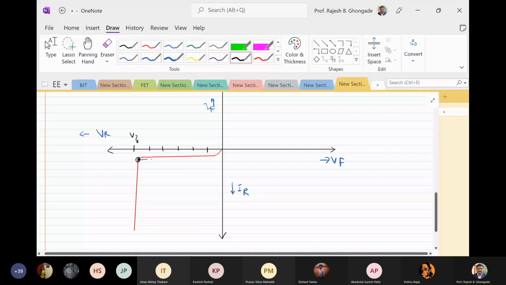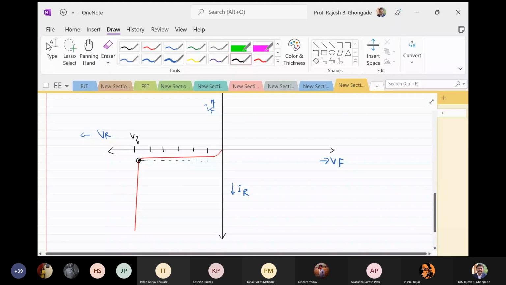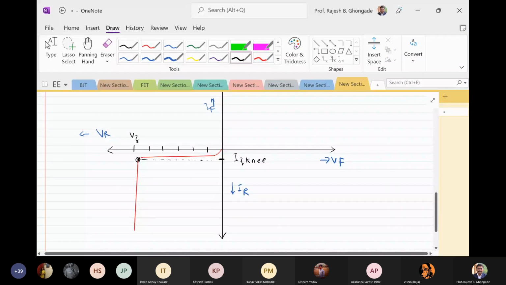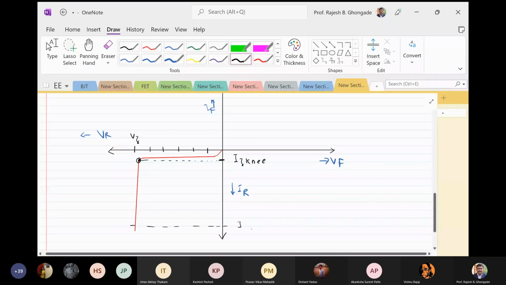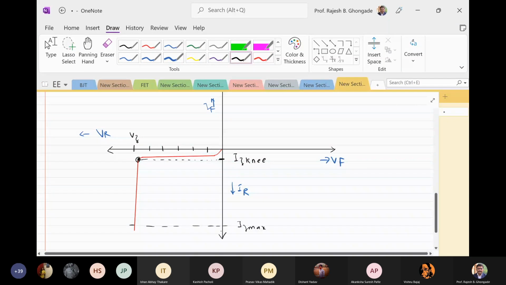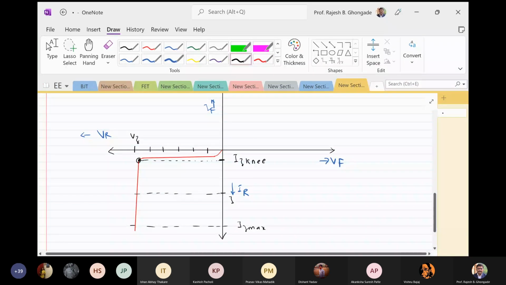This is called the knee point, and the current at that level is called IZ knee. And you have some maximum value, IZ max. You should not exceed this IZ max. Normally, we use it at somewhere which is called IZ test.